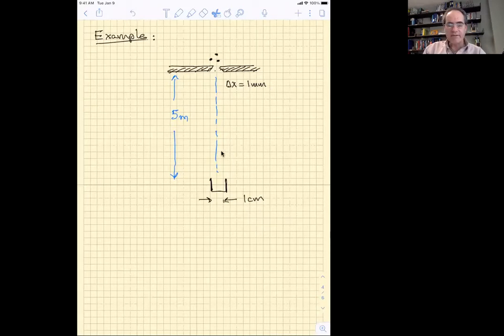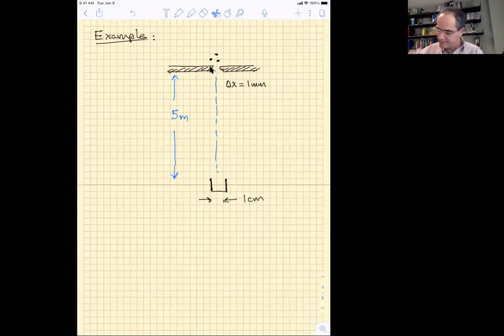And they're going to fall straight down, and we'd like to see if they'll land in a cup that's 1 centimeter wide, that's 5 meters below us. So if we're very, very careful, can we get all the electrons to go into the box? That's our question, okay? And you'll see that the uncertainty principle has something to do with the answer.